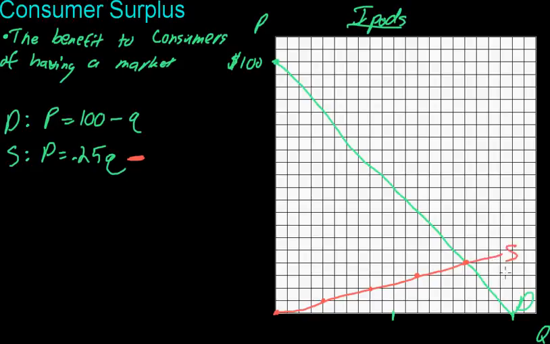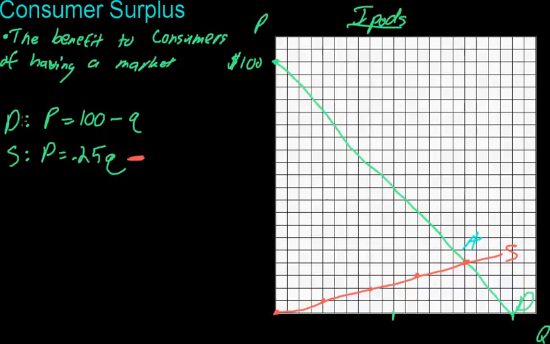And I purposely chose these two because they intersect at a really nice spot. The first thing we're going to do is calculate where they intersect. So let's call this point A, and we're going to find out what point A is. A is where demand is equal to supply.